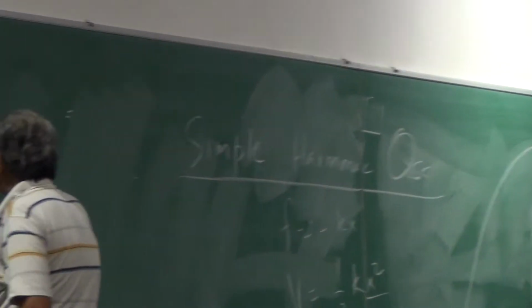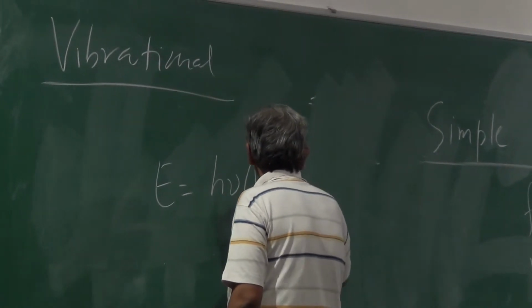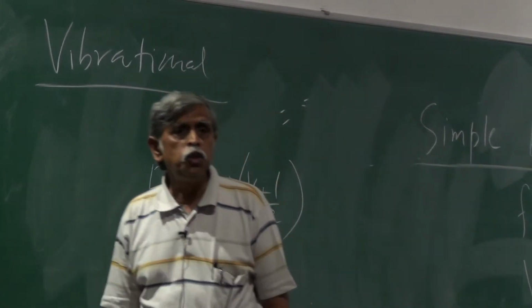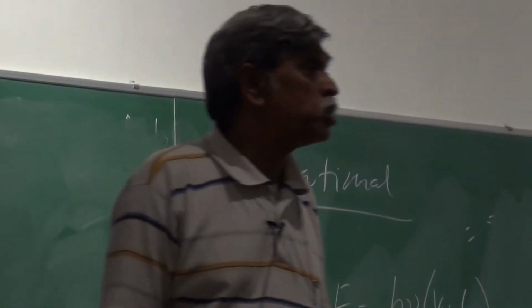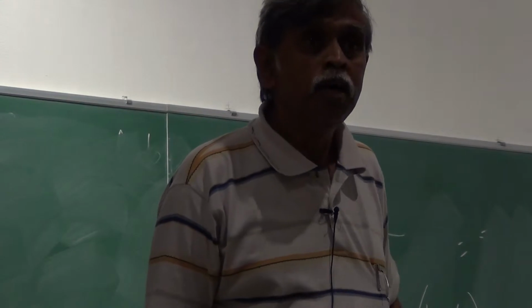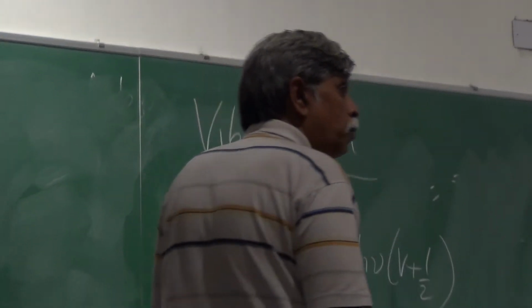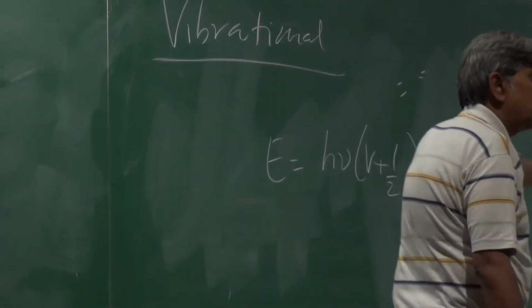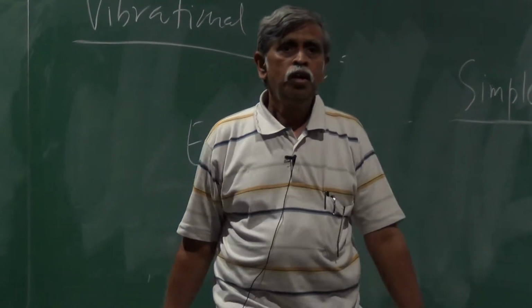The energy equation turns out to be (v plus a half) h nu. Pretty simple. Just like you got h squared by 8 pi squared I times J(J plus 1) as your energy equation for the rigid rotor, for a simple harmonic oscillator where V equals half kx squared, the energy equation is this.